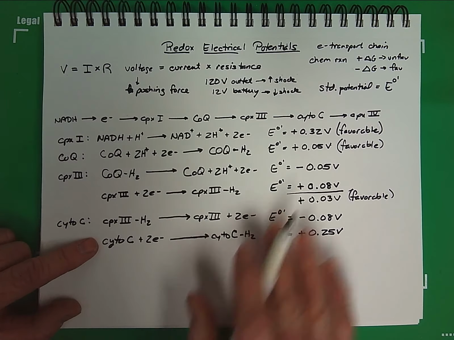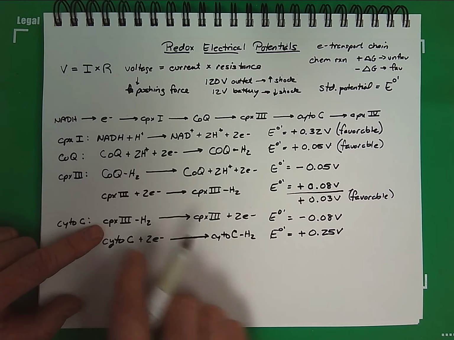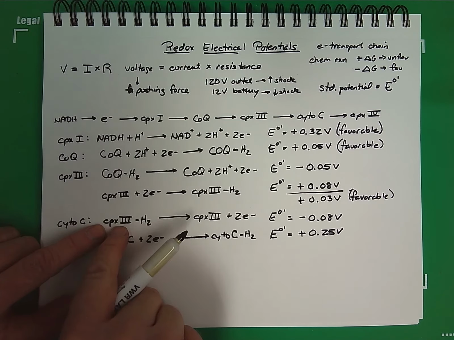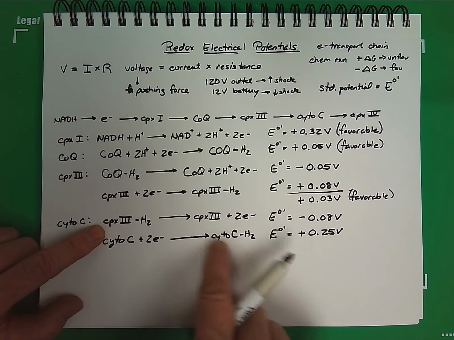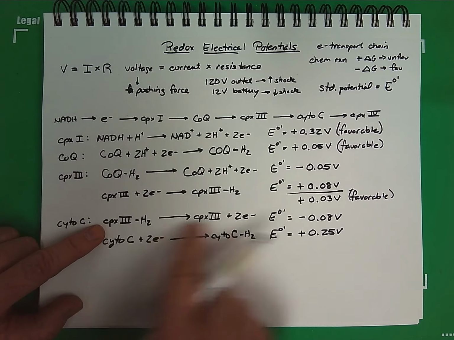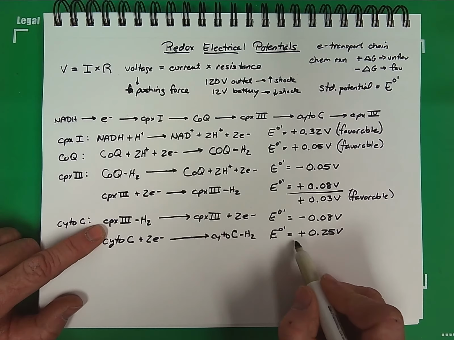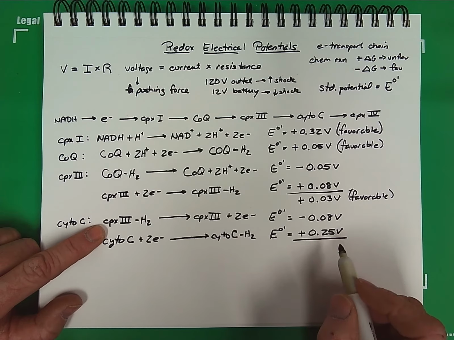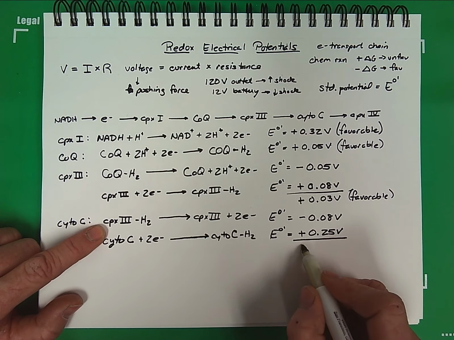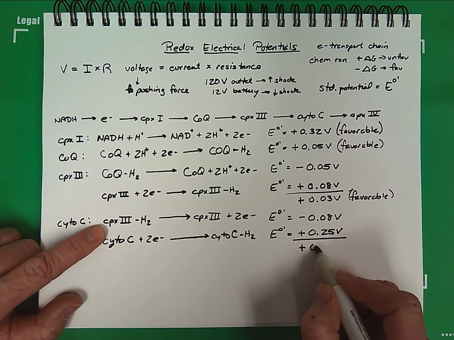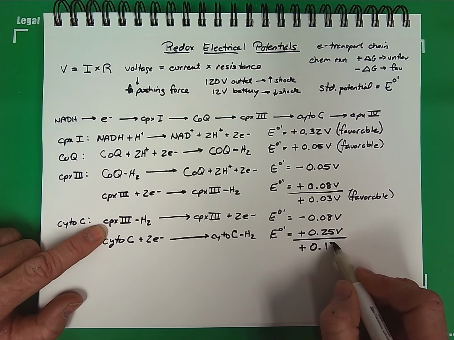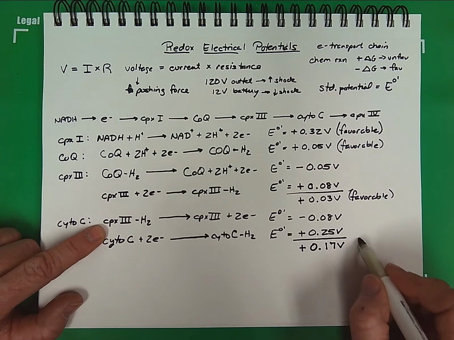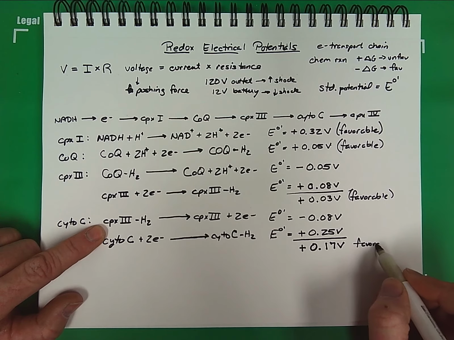So now, again, like we did above, how do we determine if the movement of electrons from complex 3 to cytochrome C is a favorable reaction? We make sure that our equations are written in the proper orientation, and then we add the voltage potentials. So this voltage potential will be 0.17 volts. Again, this is favorable.